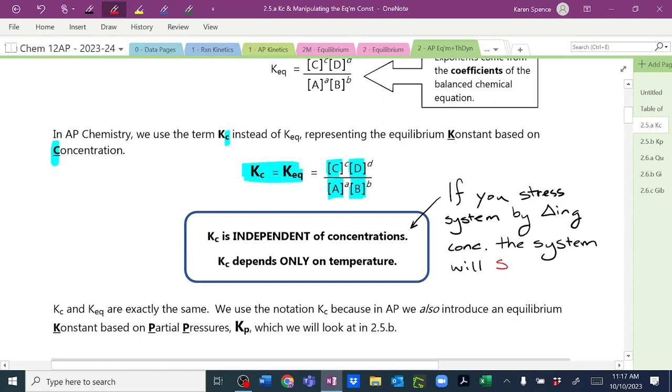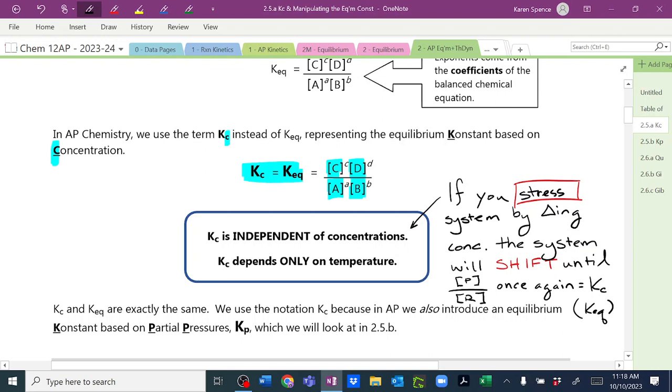Is it going to stay the same or is it going to shift? You have stressed a system. What's going to happen? It's going to shift. And it's going to shift until the ratio of products to reactants once again equals Kc, i.e. Keq.